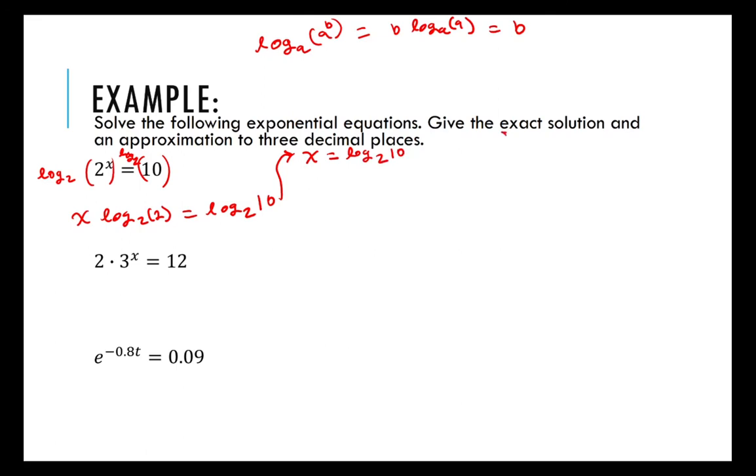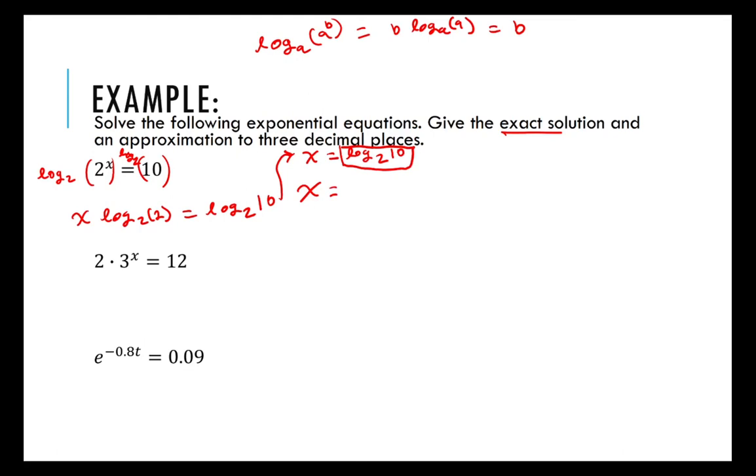Now at this point, since we need an exact solution, this is the exact solution. Great. But I also want us to get an approximation. So let's find the approximation and round it to 3 decimal places. Remember that your scientific calculator is not going to allow you to take log base 2 of 10, so we're going to have to use the change of base formula, and I'm just going to use log base 10.